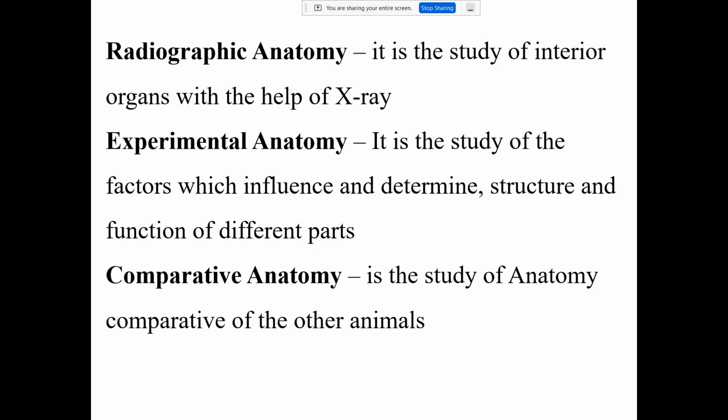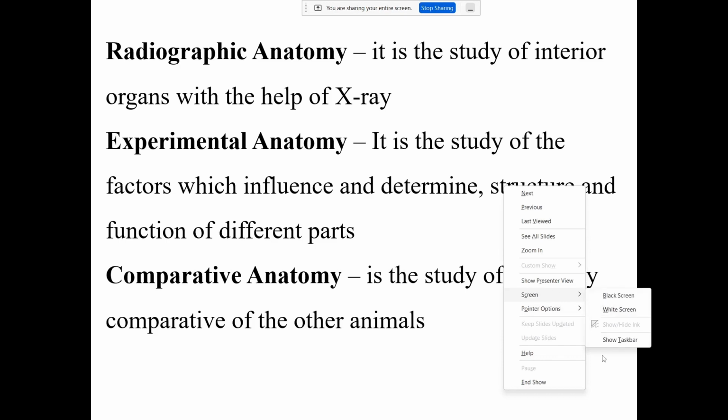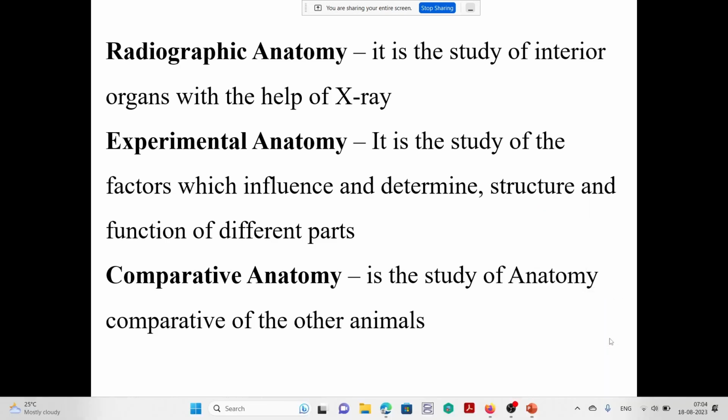Then similarly, comparative anatomy. While we study comparative anatomy, how is it comparative? It is comparative with respect to any aspect, for example animals, plants, or other organisms. For example, while I am explaining the nature of the arteries and the veins, the arrangement of arteries in the body is just like a tree.